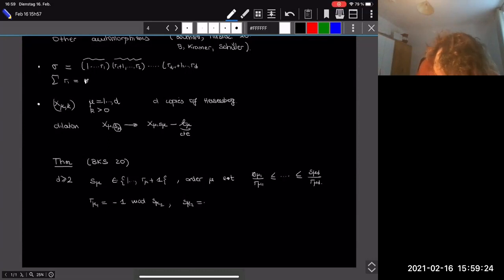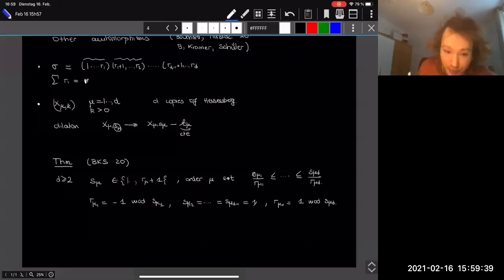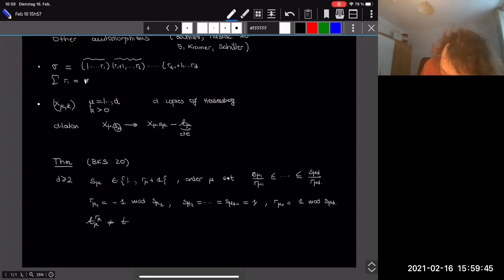Then all the intermediate ones, S must be minimal, so equal to 1. And R mu D is congruent to 1 modulo S mu D. And moreover, T nu R mu should be different from T nu R nu whenever there's some resonance.